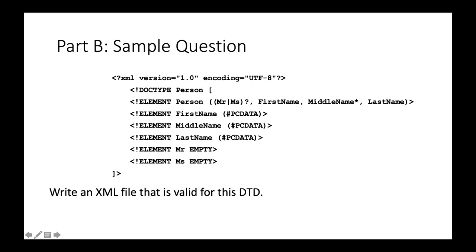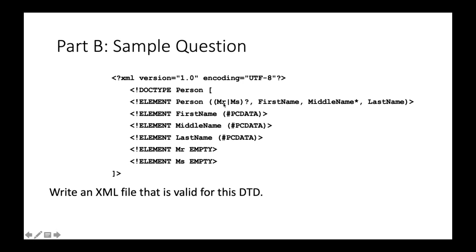So how to do this? It's quite straightforward. You go to the person, the first element. So you write down the person tag. Remember to close the person tag. And then you go through the first element inside the person. You have Mr. or Mrs. Then you check it. Mr. and Mrs. can be empty.